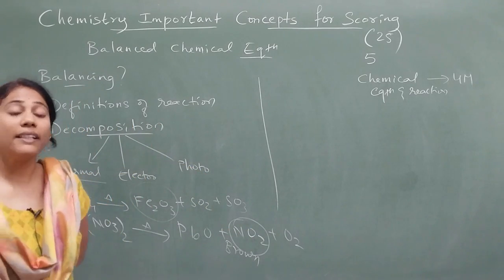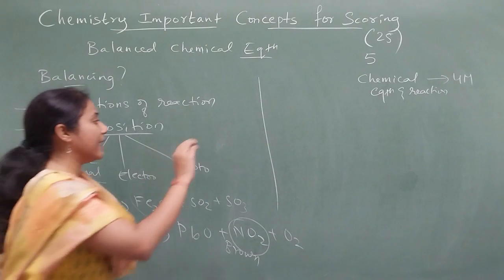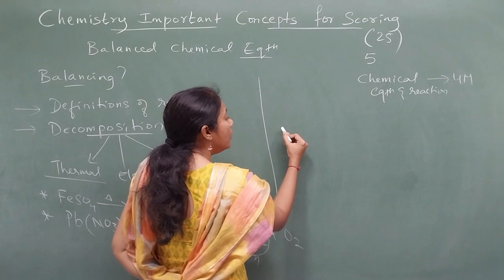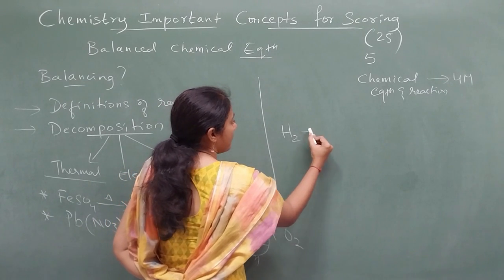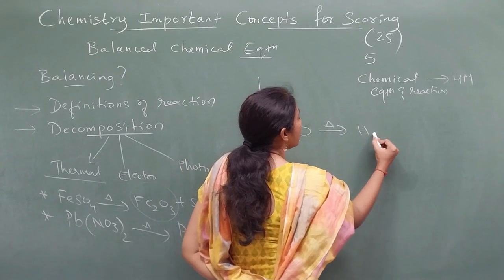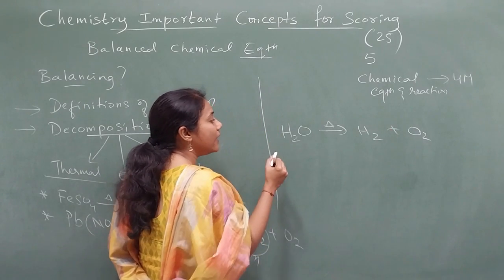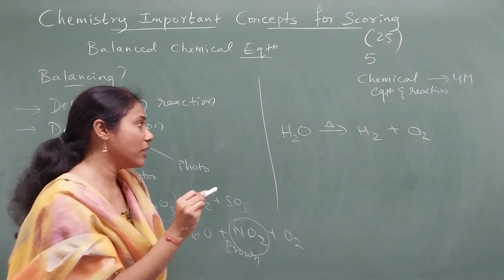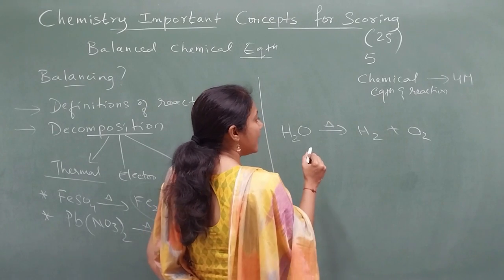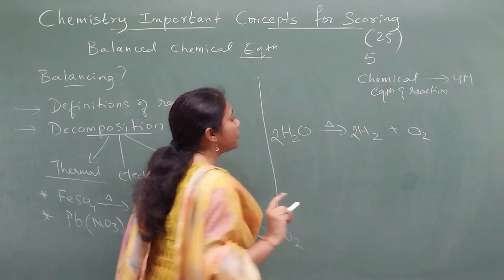Electrolysis is nothing but decomposition with the help of electricity, right? So here we all know water, H2O, undergoes decomposition to give H2 plus O2. So this is a very important equation where a lot of questions can be framed, right?